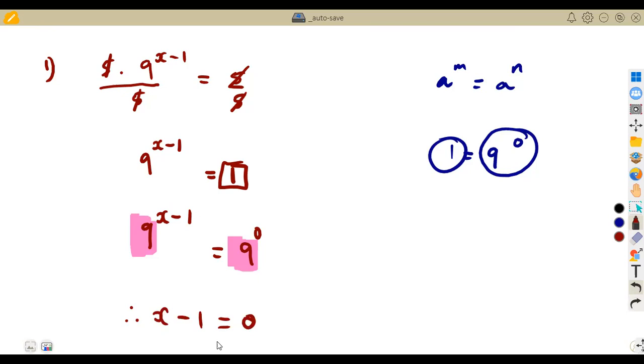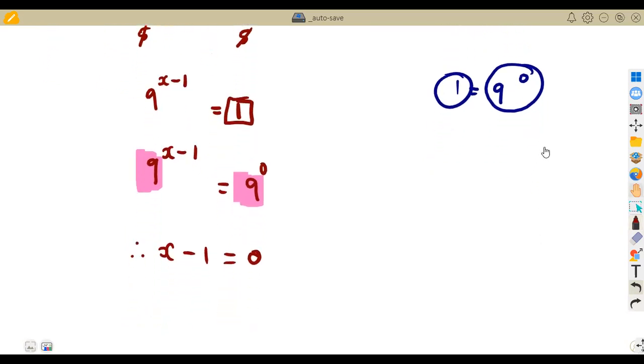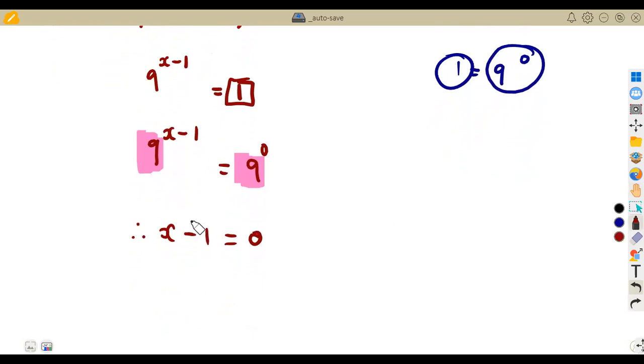Once x minus 1 is equal to 0, you are now back to your linear equations. How do you solve a linear equation? You take this minus 1 and it jumps the equal sign. Remember that every number that jumps the equal sign changes its sign. So x is equal to 0 plus 1, and x is equal to 1. Remember, 0 plus any number is that number.